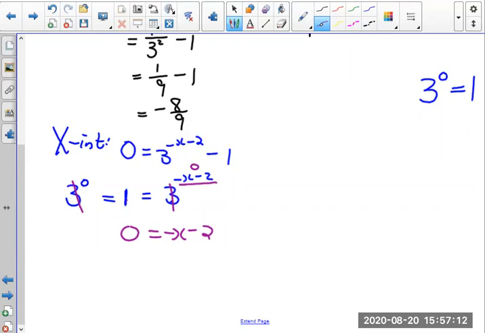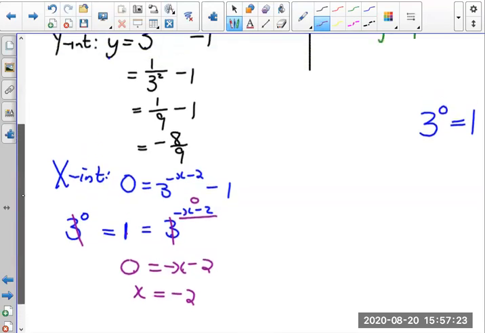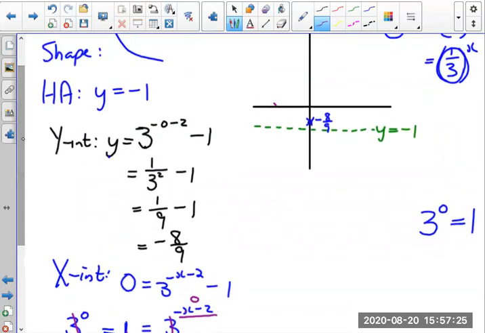So what I have here, minus x minus 2, must be equal to 0. I solve that and I get x equals minus 2, x equals negative 2. Oh, yes, and it is a decreasing graph. So there's my exponential graph.